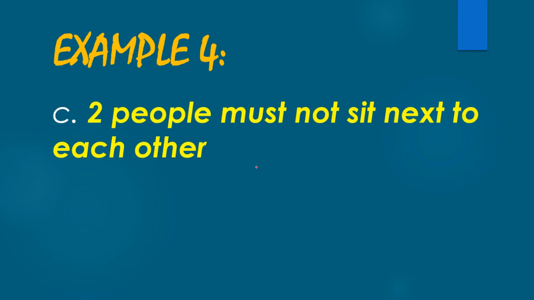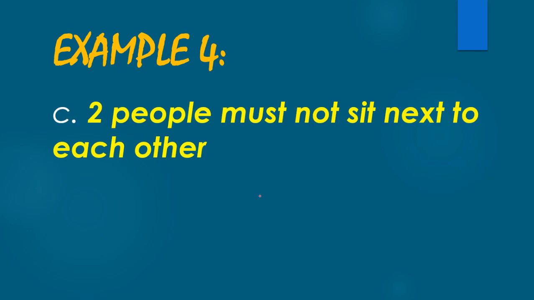And then if 2 people must not sit next to each other, what are we going to do? As we have solved a while ago, if there is no restriction, from 7 people we have 7 minus 1 factorial, or simply 6 factorial. And if 2 people must sit next to each other, we have solved that: 5 factorial times 2 factorial.